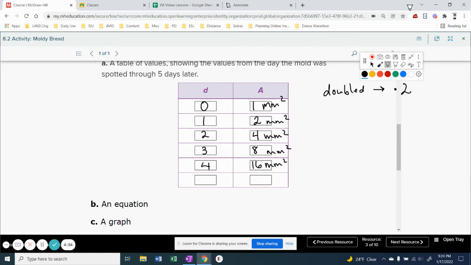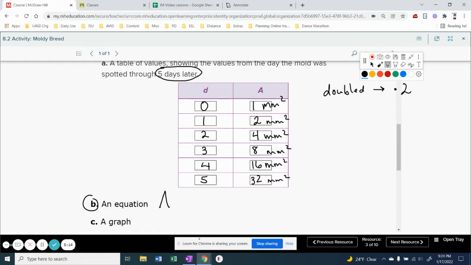And now it wants us to go through day 5. So let's do that one more time. 16 times 2 is 32. Now let's see if we can represent it as an equation. Well, we did this about a week ago.